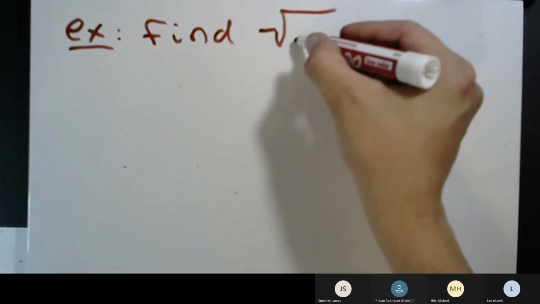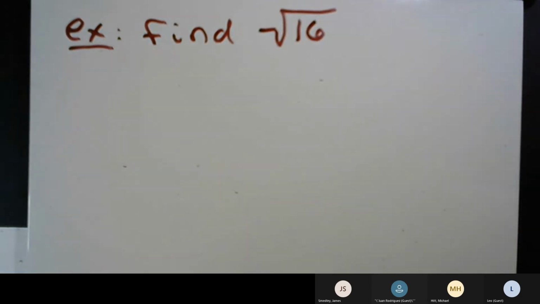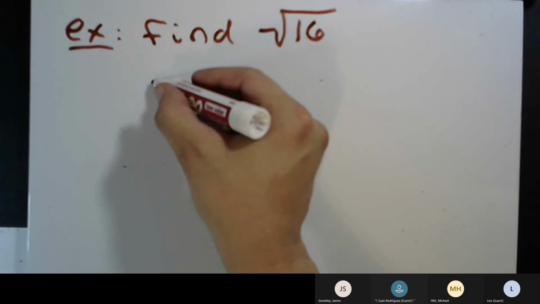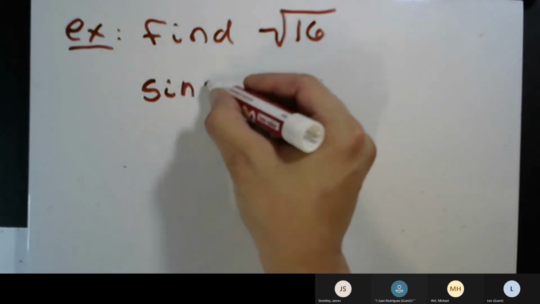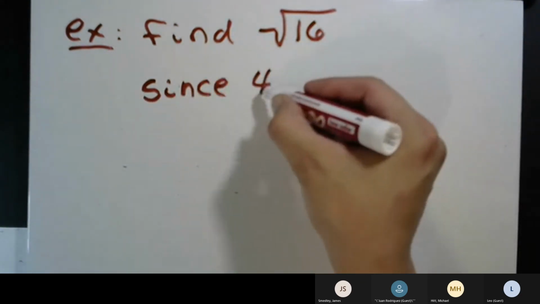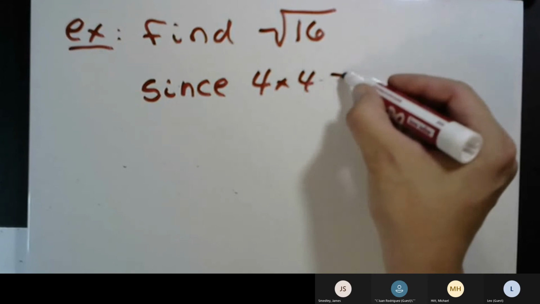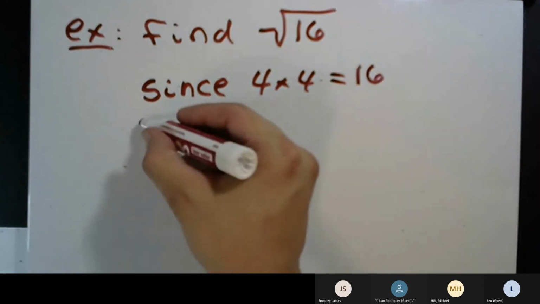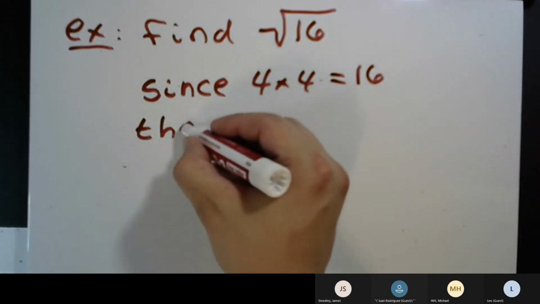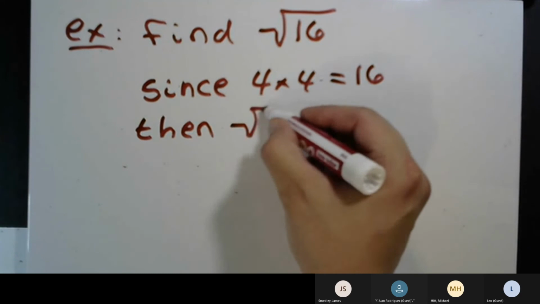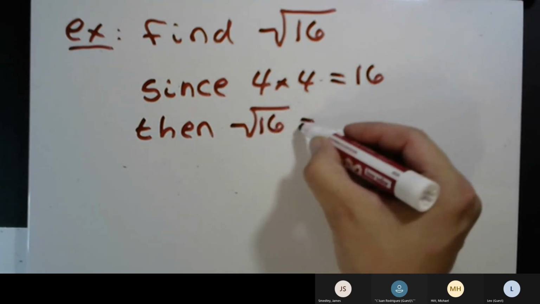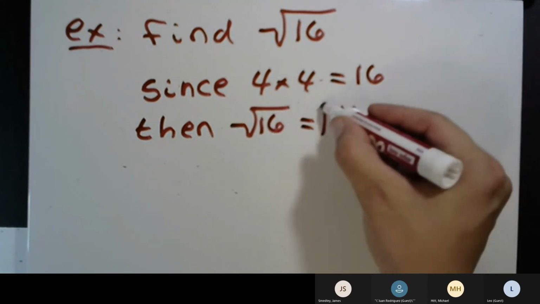Find the square root of 16. And we might recall, since 4 times 4 is 16, that must mean the square root of 16 is 4.